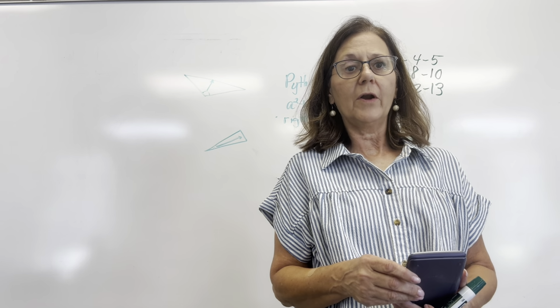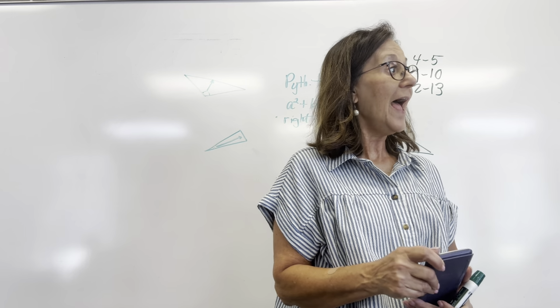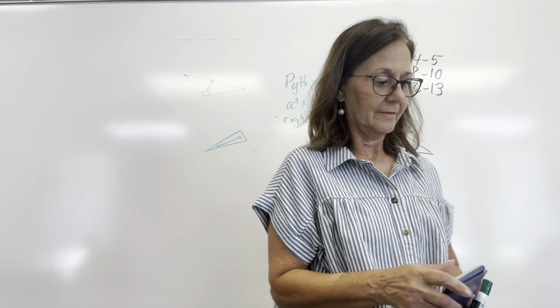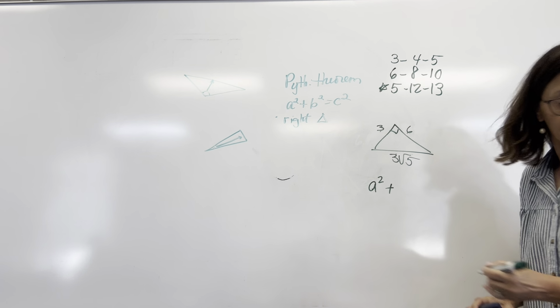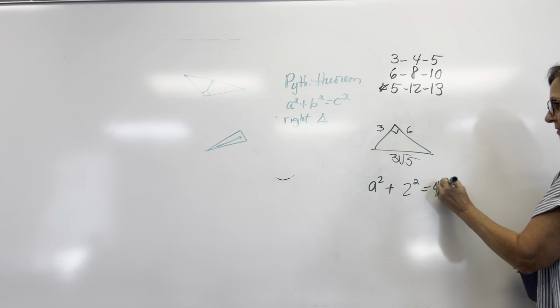All right, let's jump to 13 on the bottom. What are we solving for now? A leg. How in the world are we going to do that? We do the same thing. a squared plus 2 squared equals 4 squared.